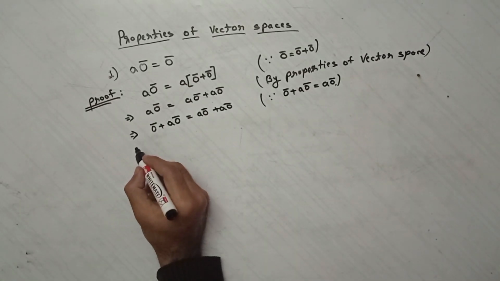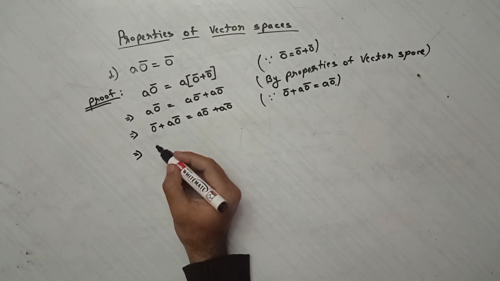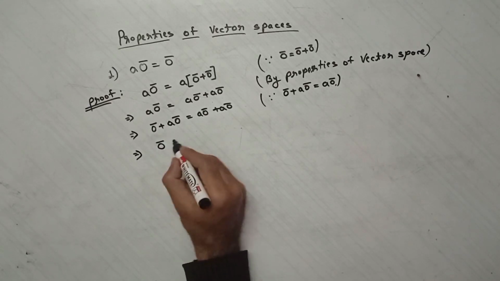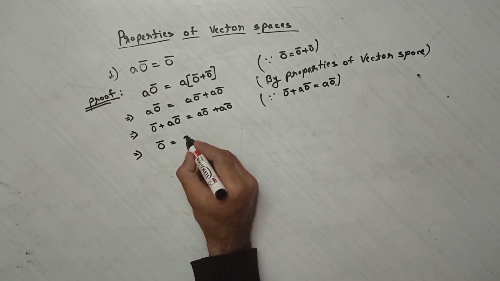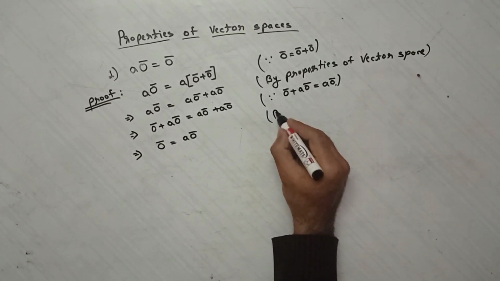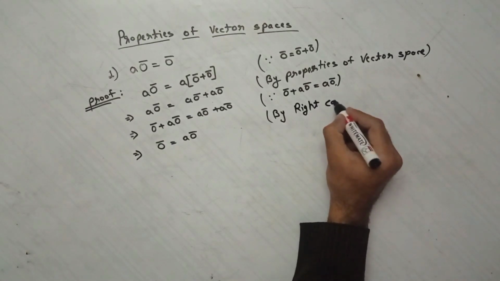Now, by the right cancellation law, we get a of zero vector.